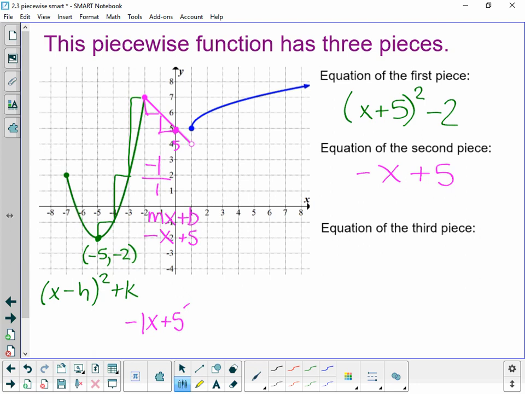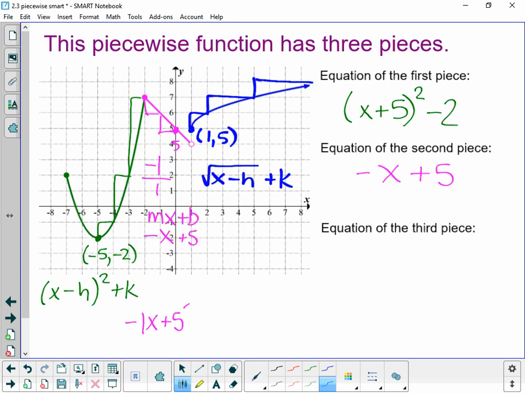The last piece is a root. So this shape tells me that it's going to have the equation of a root, which is usually written something like this. So this particular root starts here at the point 1, 5, and it's a good idea again to check the pattern, but it looks like this one does not have a stretch.